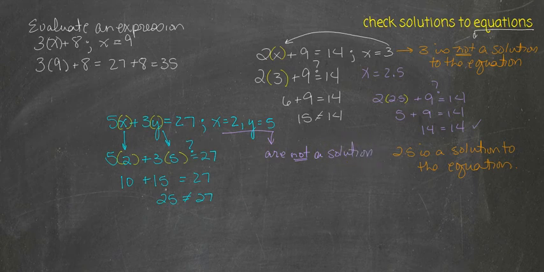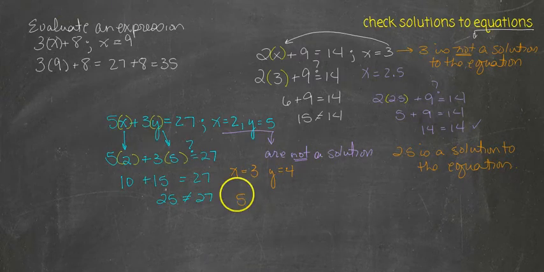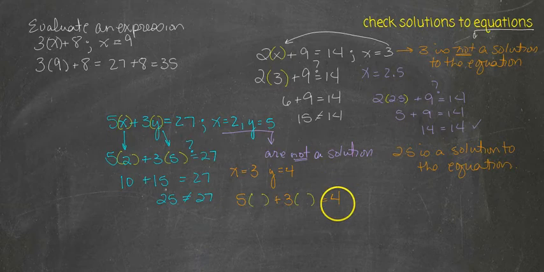So let's try one more real quick. Let's try x equals 3 and y equals 4. So 5 times, I'm going to plug in there, plus 3 times, I'm going to plug in here, equals 27.